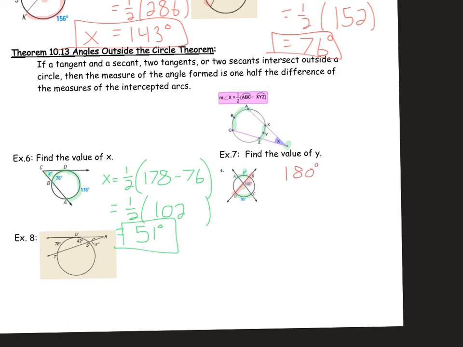So I'm going to subtract out the 102 degrees that I have to get 78 degrees. That is the measure of this angle right here in the middle. So if I know the angle measure, in order to find that, we did half of the sum, because we intersected inside the angle.